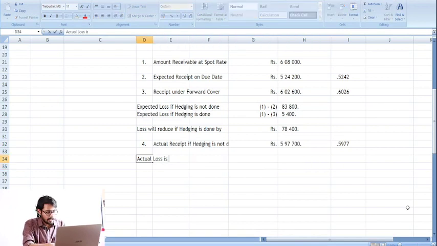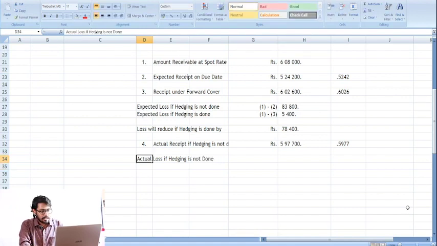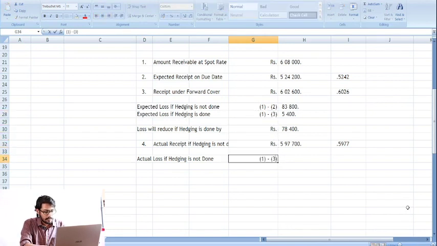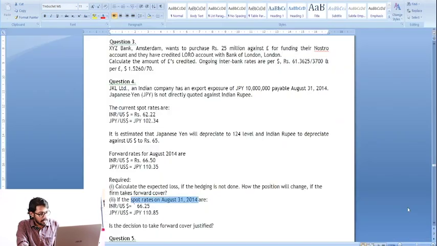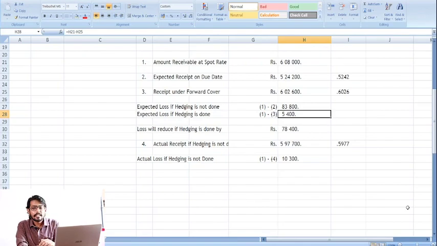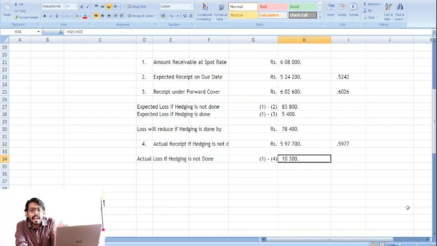Actual loss if hedging is not done can be 1 minus 4: 6,08,000 minus 5,97,700, you will get 10,300. The actual loss is still greater than if hedging is done. Is the decision to take forward cover justified? Yes, the decision to take forward cover is justified, because with forward cover your loss is only 5,400. Without forward cover your actual loss would have been 10,300.